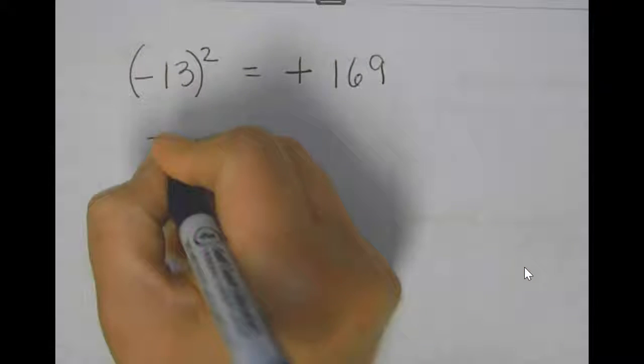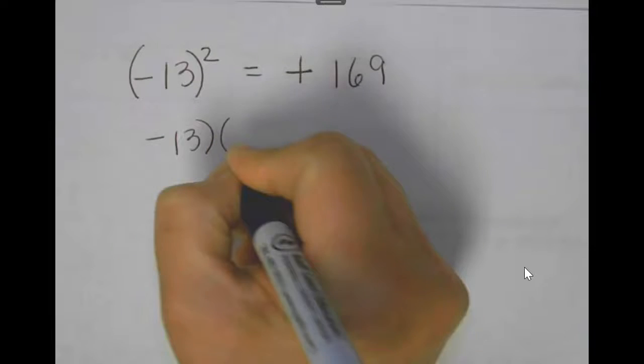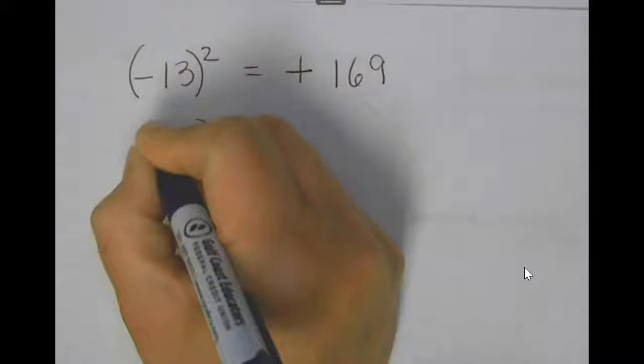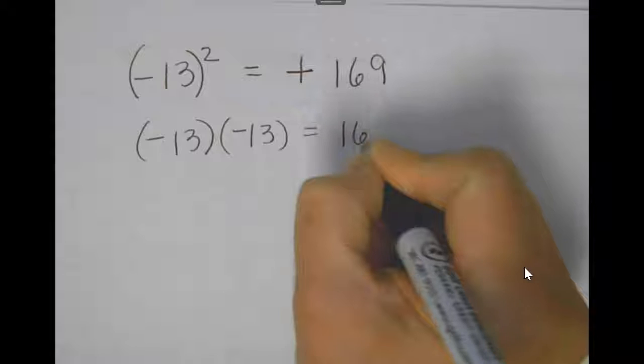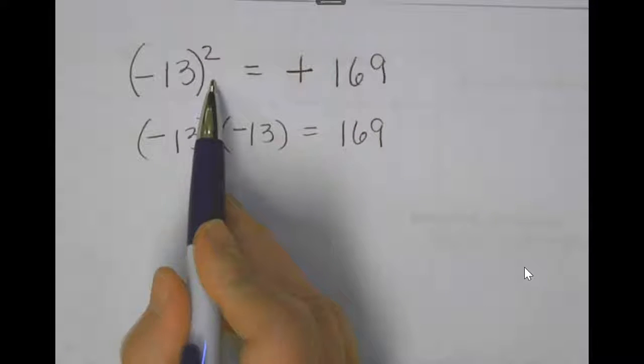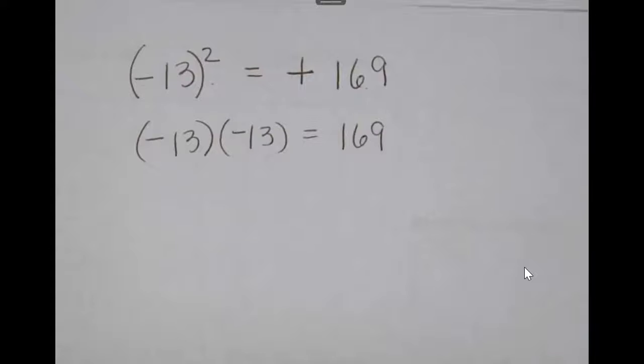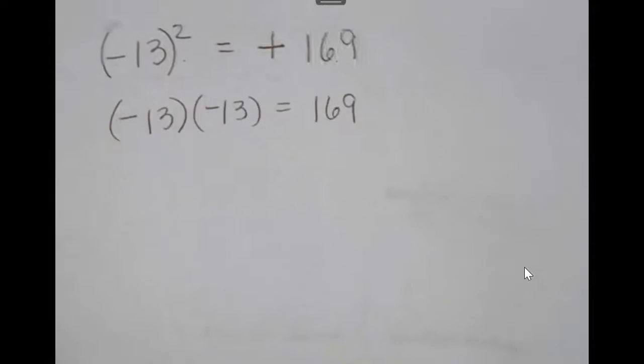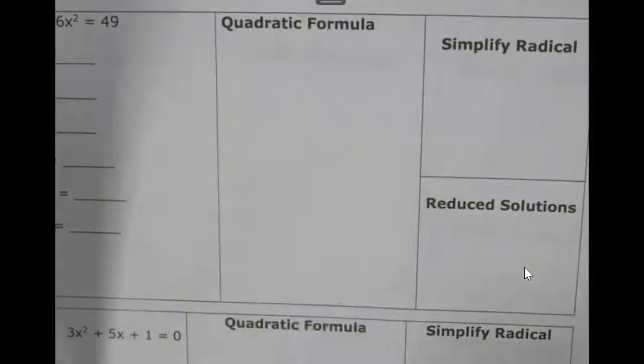Or you can just know that negative times negative will always make a positive number. But I just want to warn you, if you put it in the calculator without the parentheses, it's going to give you the wrong answer. The calculator will lie to you about those squares.